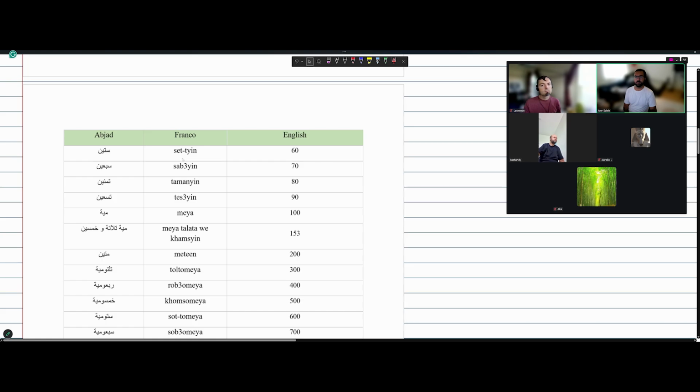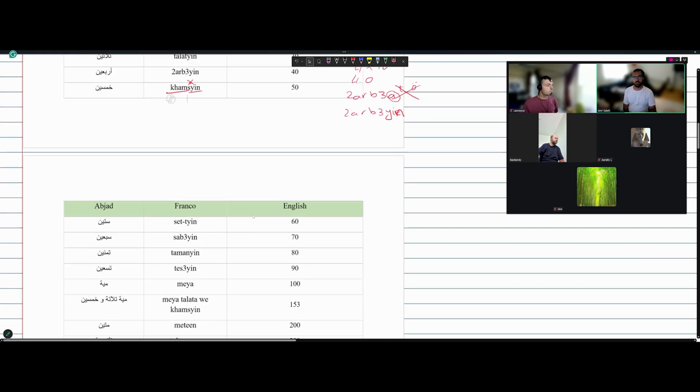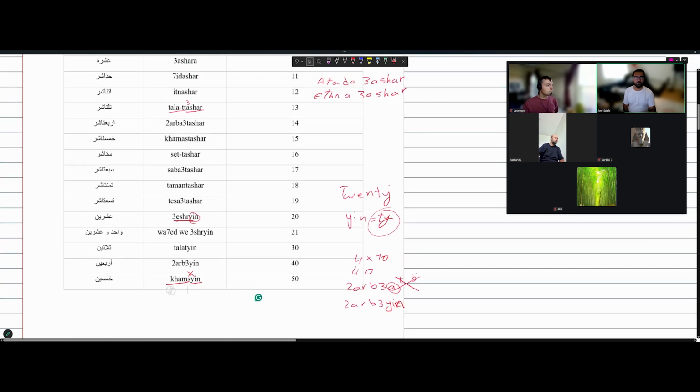Right after that, you have 70, سبعة, ends with a feminine T, gets dropped, and then you add the "een". 80, same, 90. So as you can see, it's really just one way of doing it and then copying it all the way down.